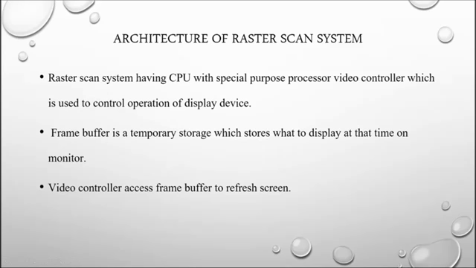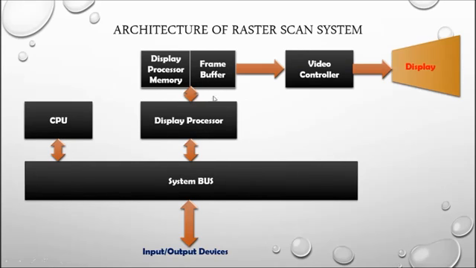And the video controller accesses the frame buffer to refresh the screen again and again. By taking the data of the frame buffer, the video controller will display or refresh the display again and again. So that is the architecture of a raster scan system.